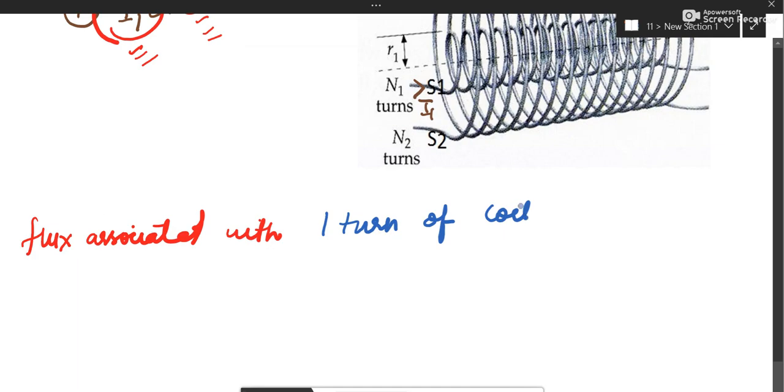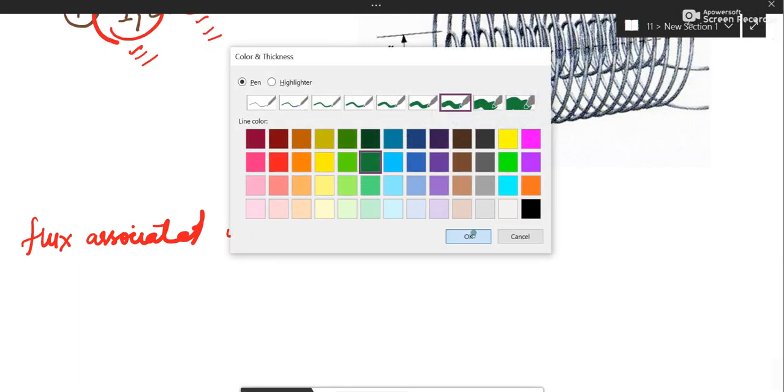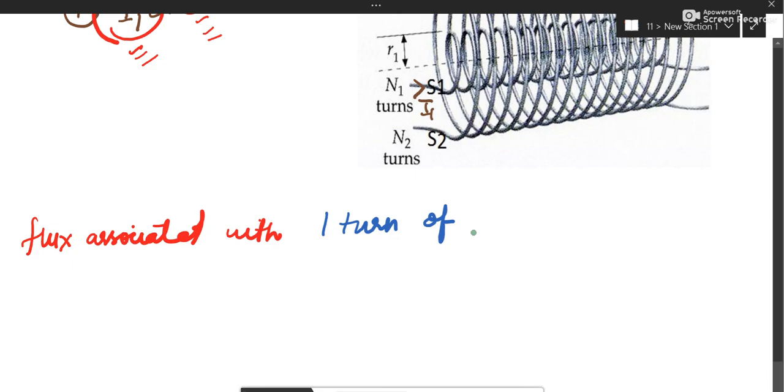You see, we have to pick up the coil through which current is not passing. You have to talk about flux through that. That is mutual inductance: due to the current in the other, the flux associated in the other coil.